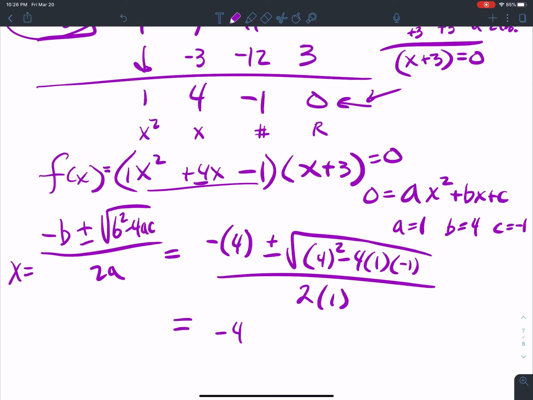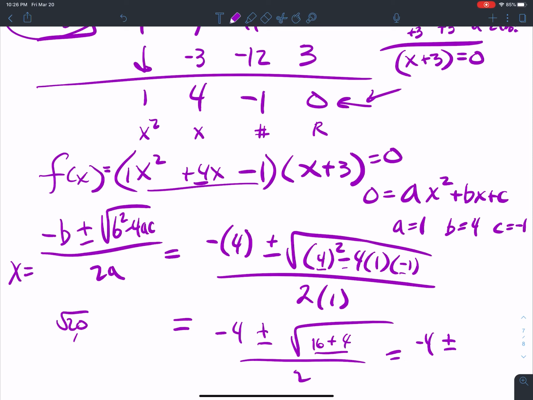It gets me negative 4 plus or minus square root. Now this here, that's 16 minus, and a minus gets me a plus 4 over 2. So this is negative 4 plus or minus square root of 20. Square root of 20 actually simplifies. That's 4 times 5. So that gets me, and then 2 and 2.